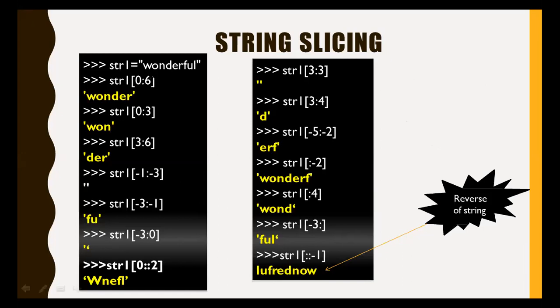Wonder: 0, 1, 2, 3, 4, 5. How many characters? Total 6. It is wonder. Till wonder all the characters will be displayed, beginning with the 0th position. If you write 1 here, it will start with the O. So I am showing you the practical of this also.